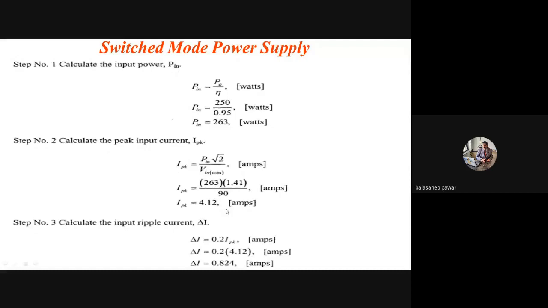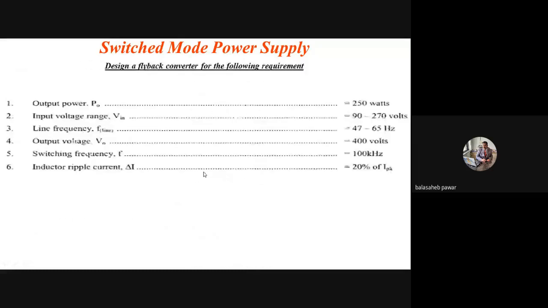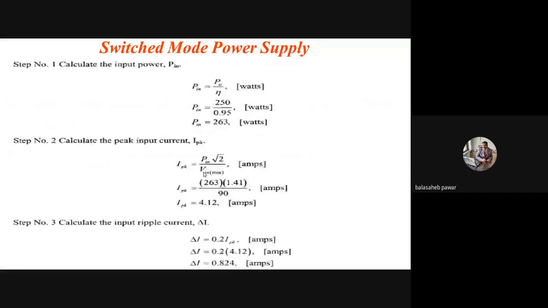Input power we already determined, that is 263 watts, divided by the input minimum, which varies from 90 volts to 270 volts. So by taking the minimum input voltage, we can generate the peak current of 4.12 amperes.